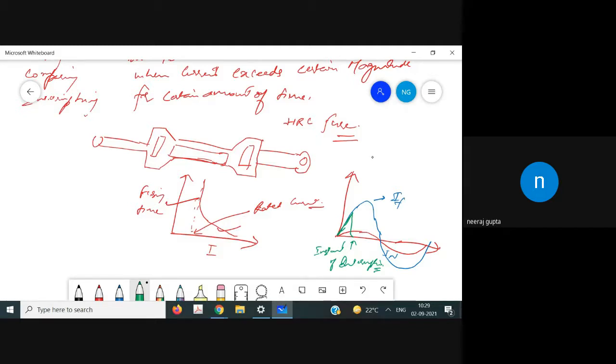So this is actually the short circuit current interrupted by the fuse, and this is the time current characteristics of the fuse.